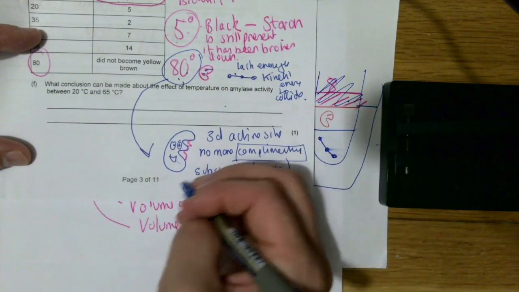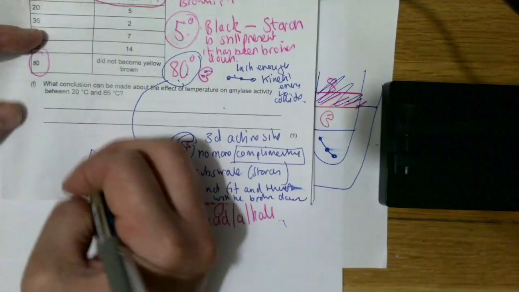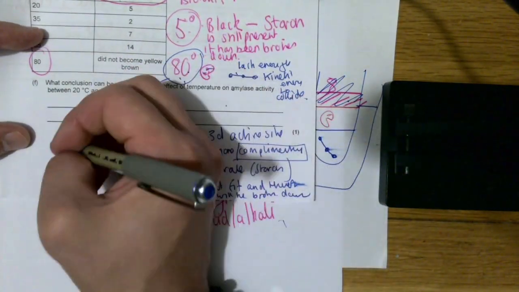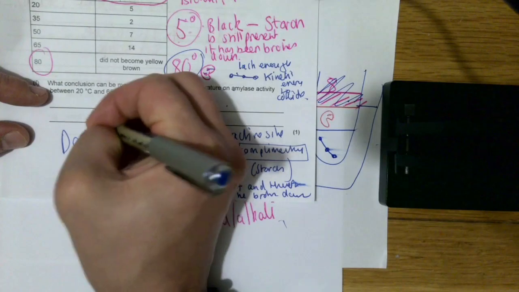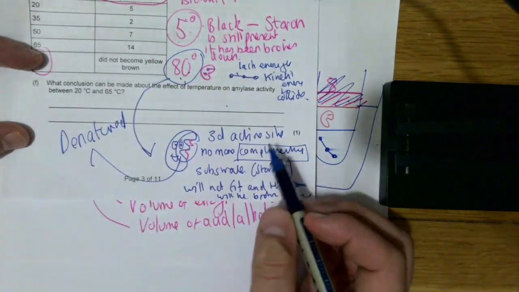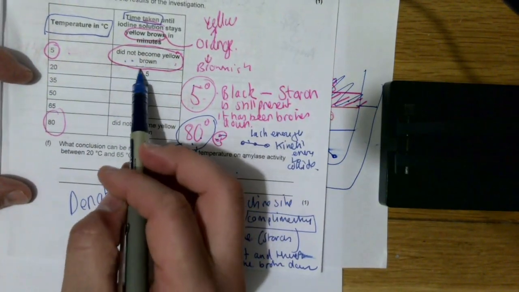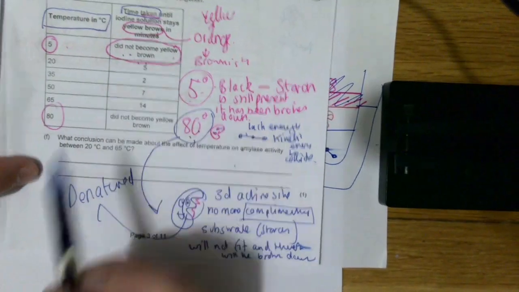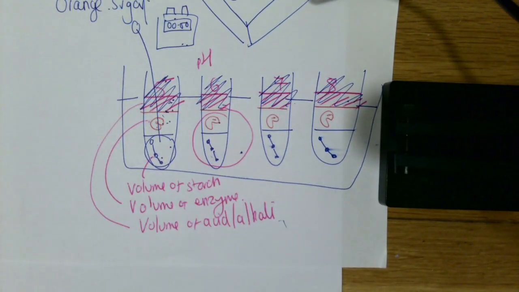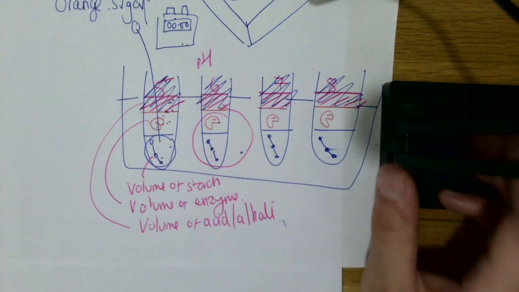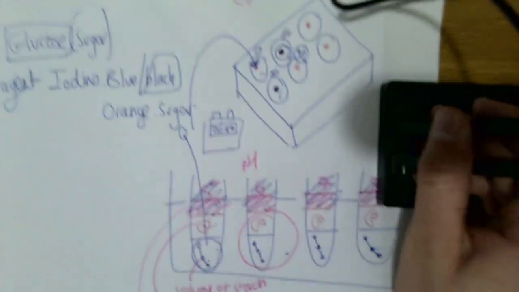And then the final key term here is, what is that called when the three-dimensional active site changes shape? That is called denatured. That is a classic question of explaining the results of the required practical on enzymes. I hope that helped. Till next time.